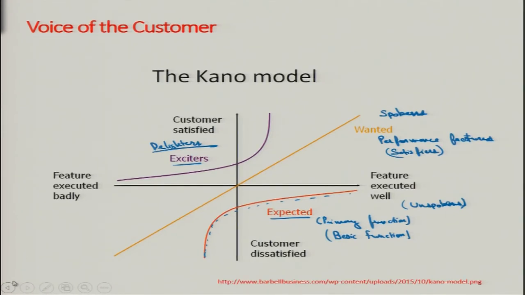Now, how do the production manager or the people who decide about the design of the product use this Kano model? There are certain steps that they could follow.